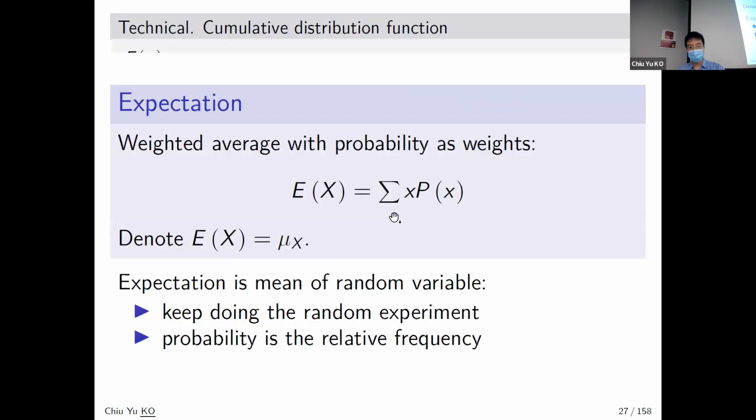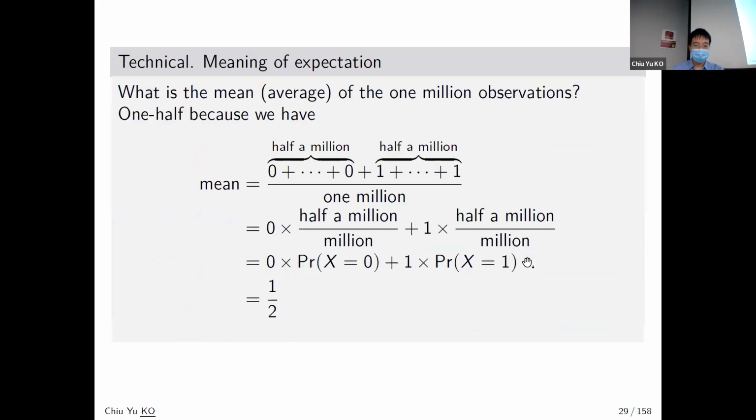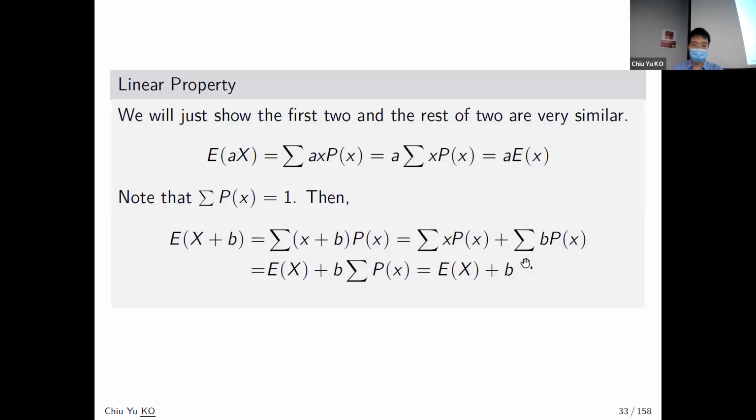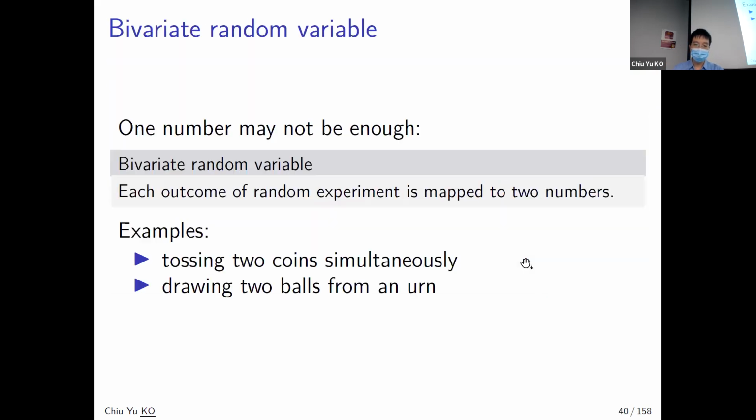Then later we learn the mean as expectation, which is the weighted sum, or weighted average, weighted by the probability, which is essentially you repeat this experiment many times in your head. And indeed, that is the mean of the random variable. Same for the variance, same idea. I'm not going to go step by step on it.